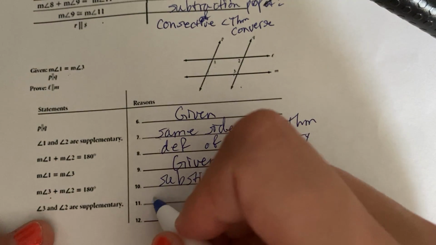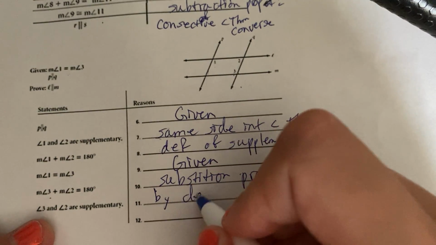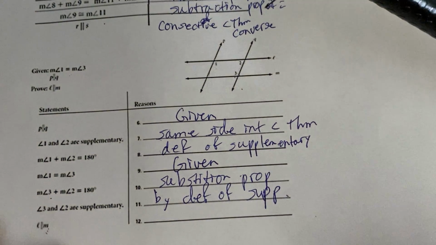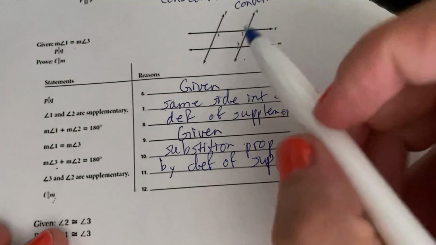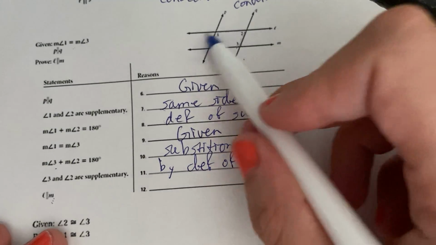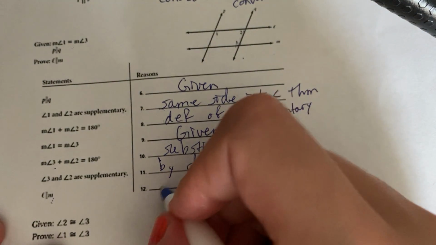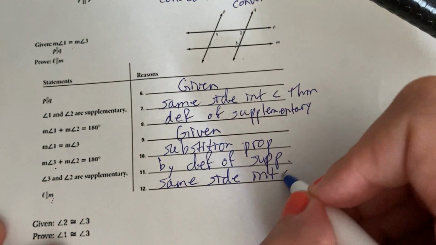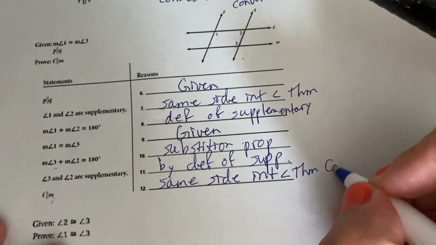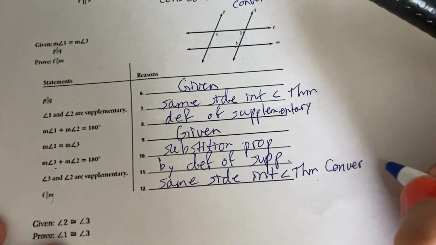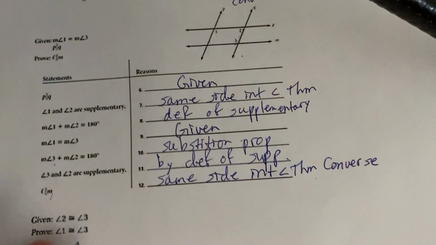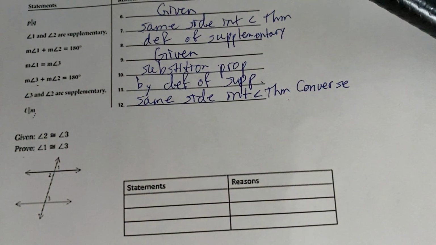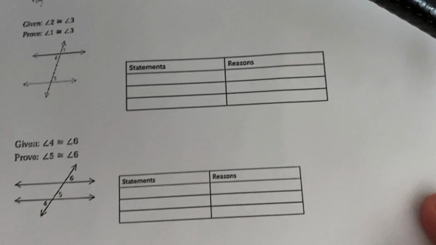So I know these are supplementary by definition of sup. I'm just gonna say sup if that's okay. And then the last one, since we know these two are supplementary, we can conclude that these two lines are parallel by the same side interior angle theorem, but we have to use the word converse whenever we are proving something is parallel. Okay. All right, these last two should be super quick. Go ahead and try these last two on your own.